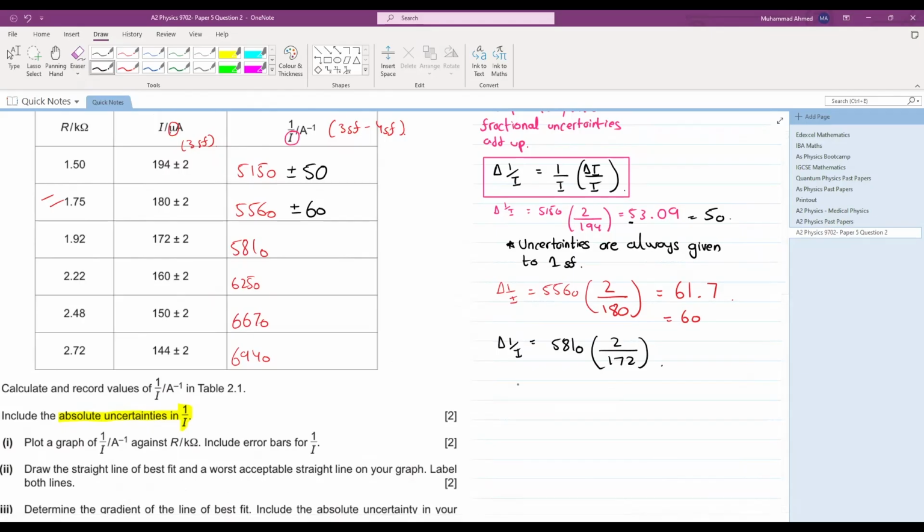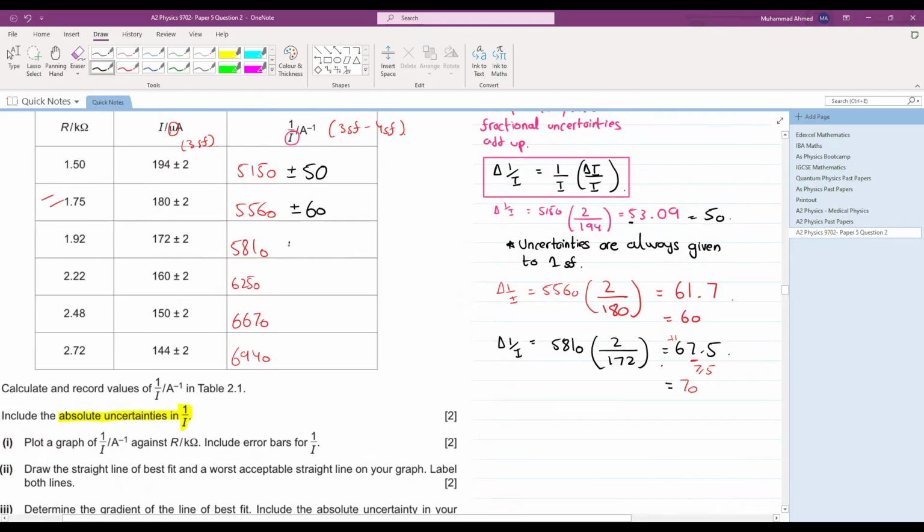Simple. The answer comes out to be 67.5. If I round 67.5 to one significant figure, the second value is greater than or equal to 5, so we will add 1 here. This will become 70. Simple.